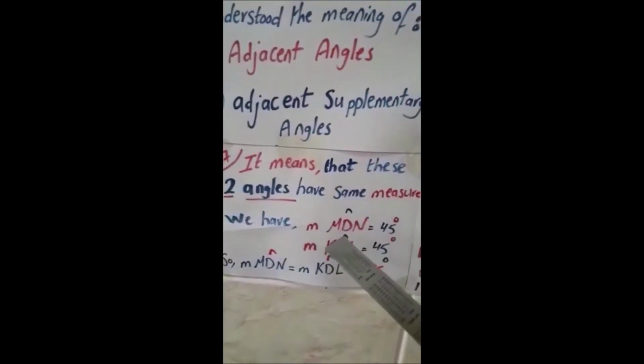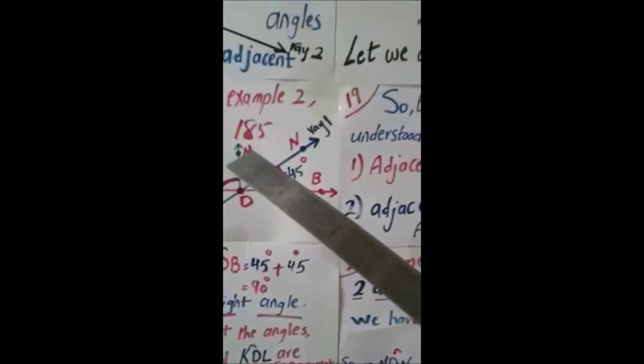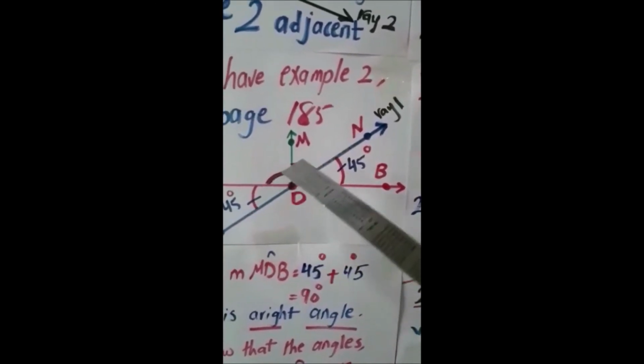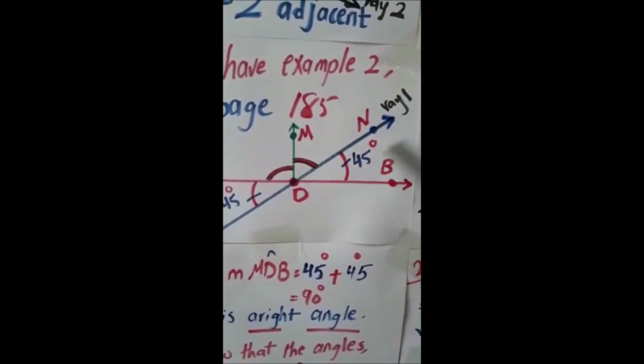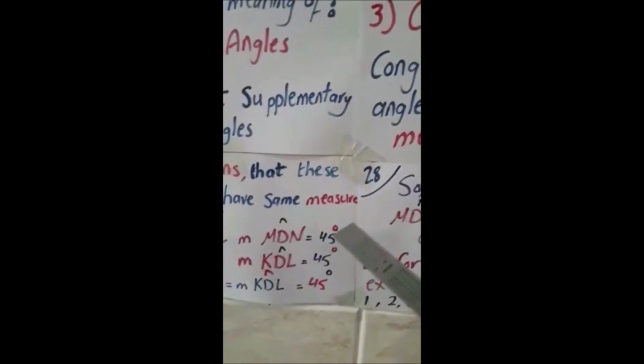We have that the measure of MDN equals 45. Where is MDN? Because in C, yes, we said 45 plus 45 equals 90. So the first thing we know from C is that the measure of angle MDN equals 45.